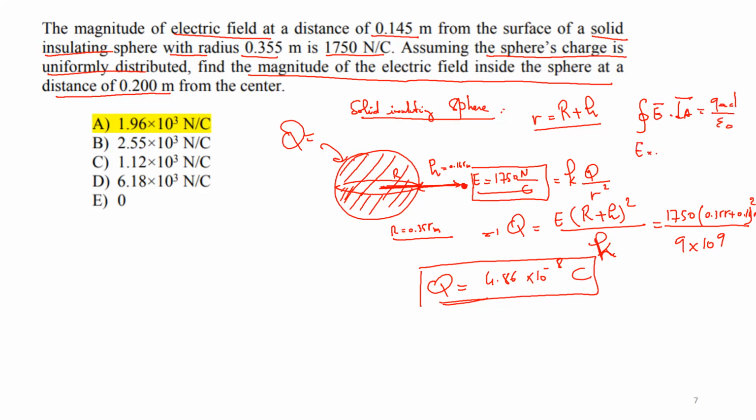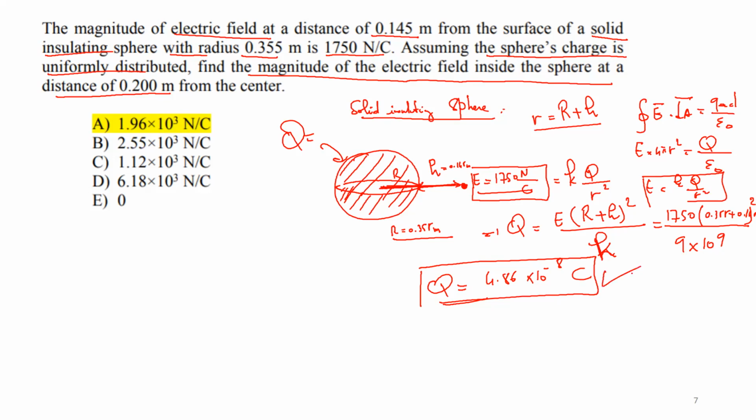So E multiplied by 4 pi R squared is the total charge of my solid insulating sphere divided by epsilon naught. That means E is just KQ divided by R squared, as we know already.